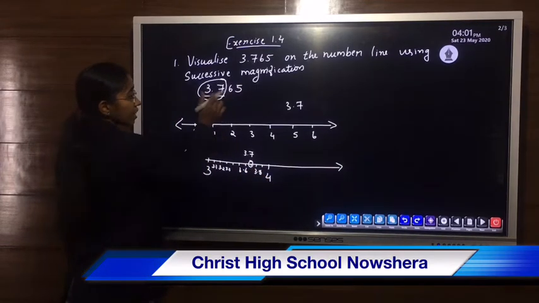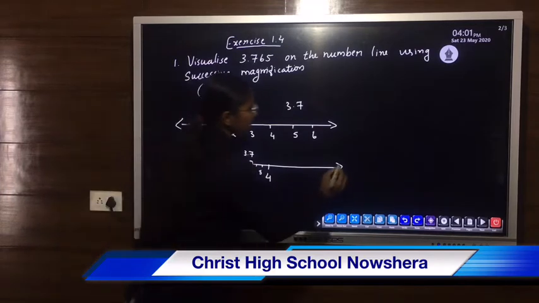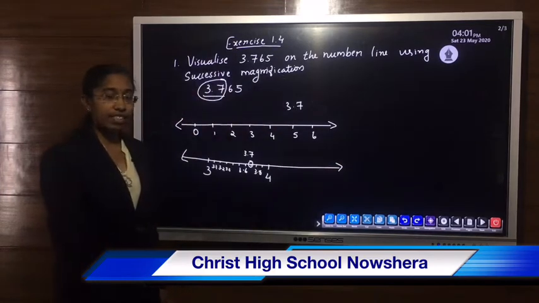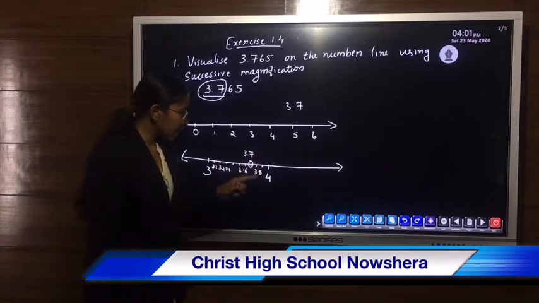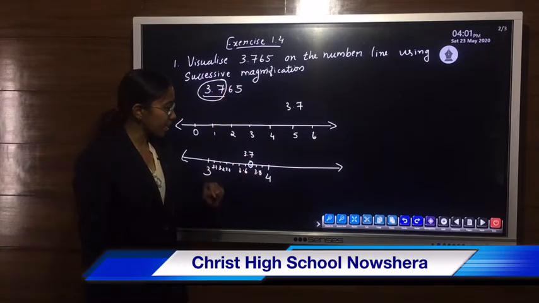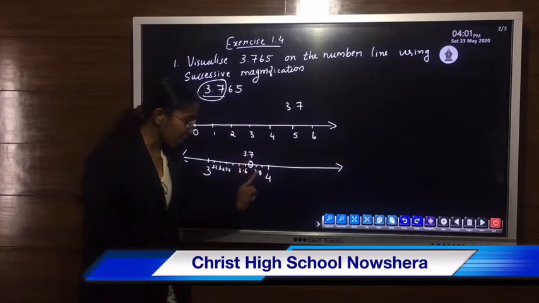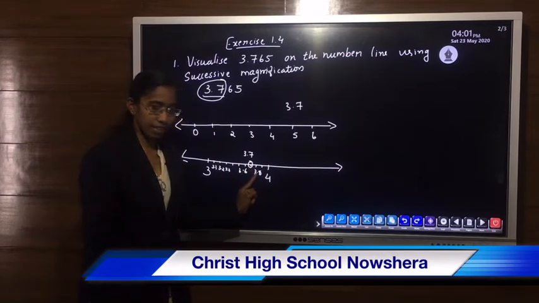Now we take the next digit also, that is 3.76. Definitely 3.76 lies in between 3.7 and 3.8.